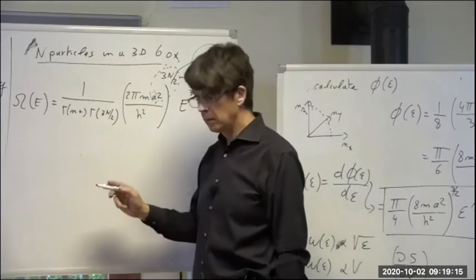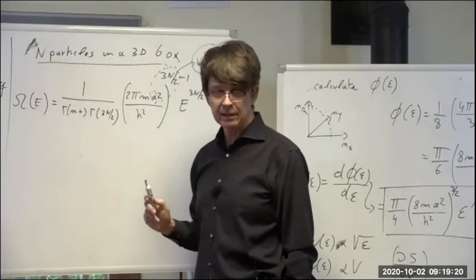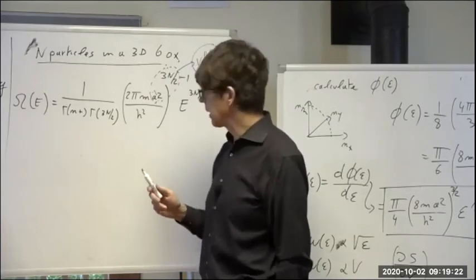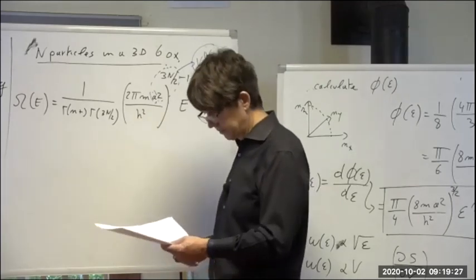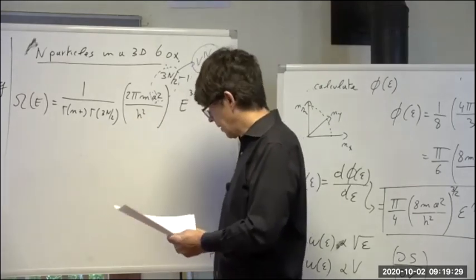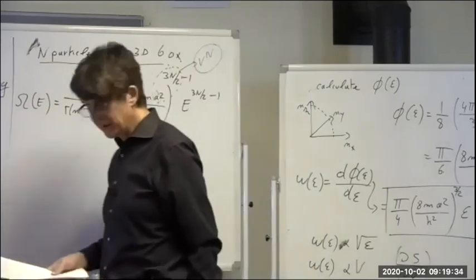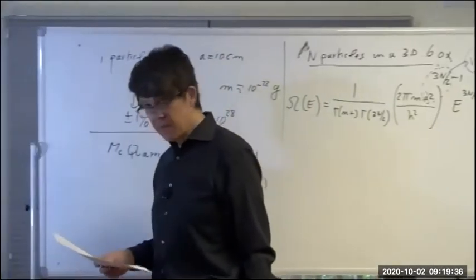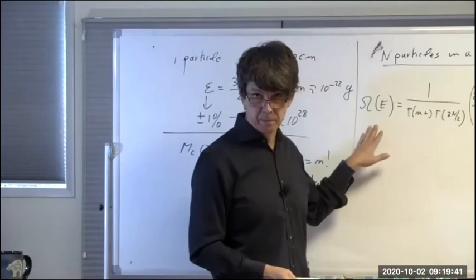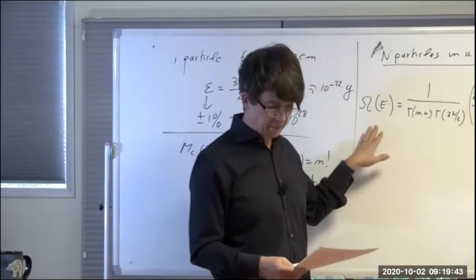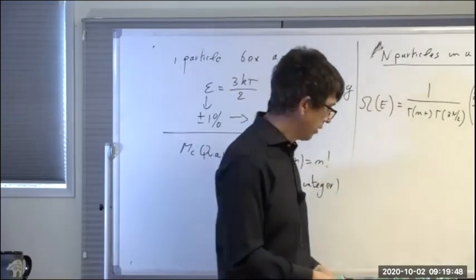So not only does my number of states scale with volume, it's worse: it scales like the volume to the power of n. So I guess the simple person's view is that there are many, many, many microscopic ways to get a certain energy as n gets very large, as n gets to the order of Avogadro's number.